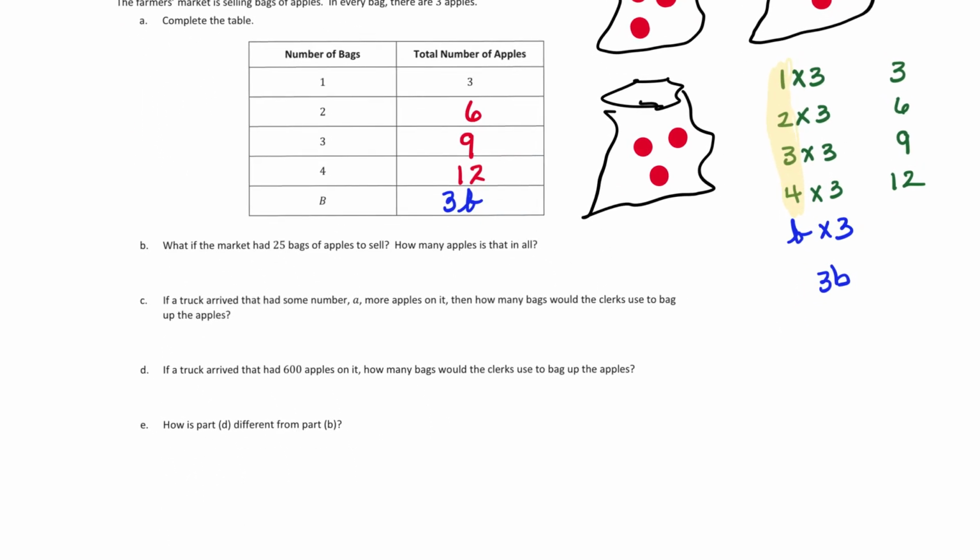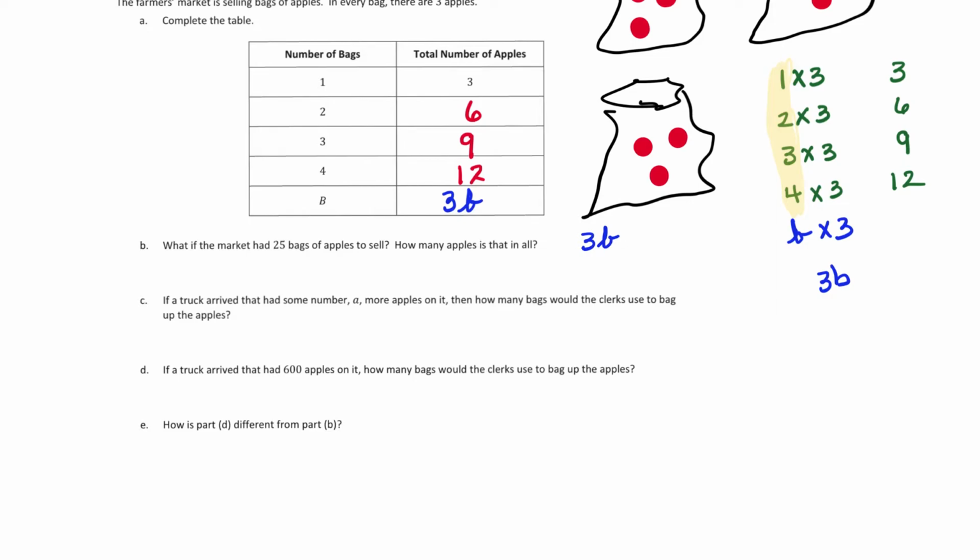Okay, let's continue with the next one. What if the market had 25 bags of apples to sell? Imagine having a table with 25 bags. That would be forever. But we're gonna use the expression, okay? How many apples is that in all? I know some of you might be able to do this in your head. If you can do it in your head, go ahead, but then just confirm it with your expression.